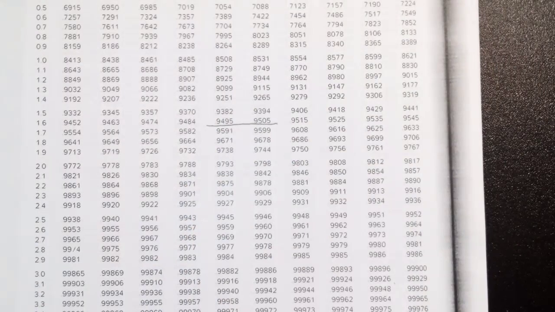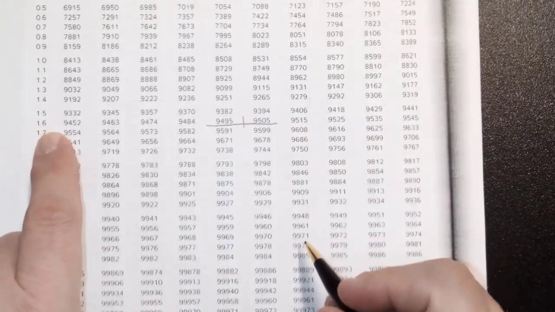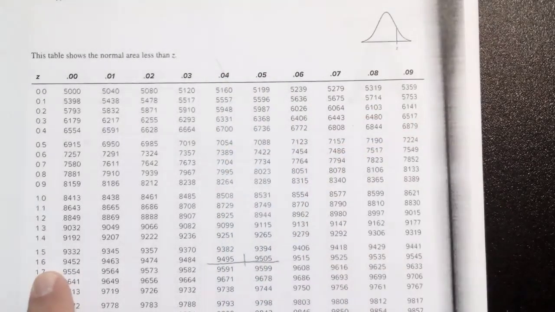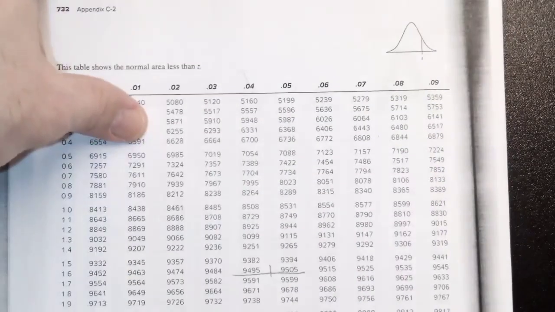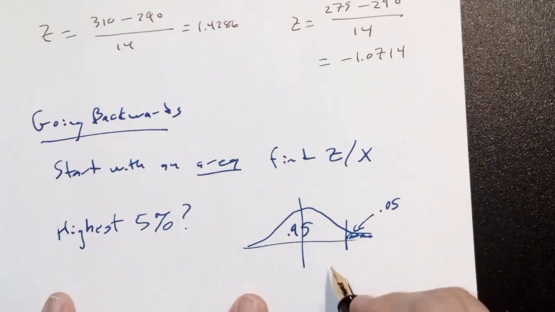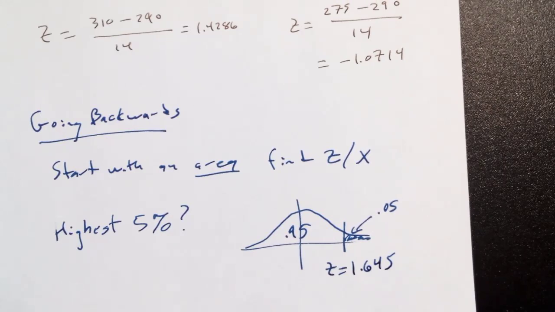So 0.95 is right in the middle between those two, isn't it? So right in the middle here, that's where I want to be. So that's 1.6, halfway between 4 and 5. So this is a Z-score of 1.645.